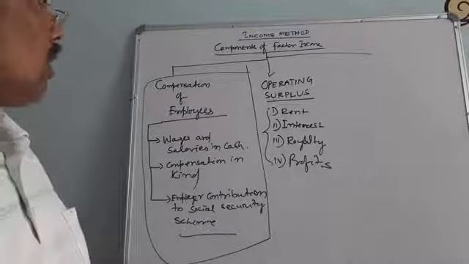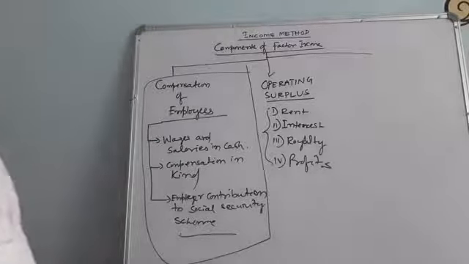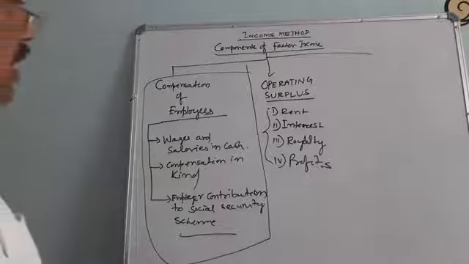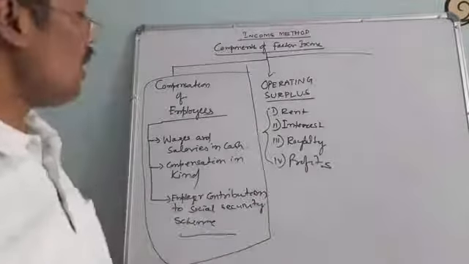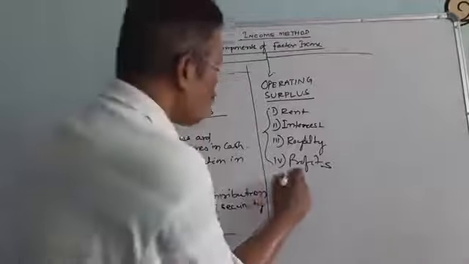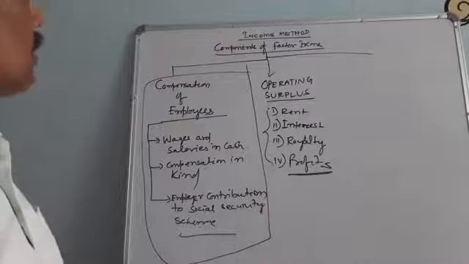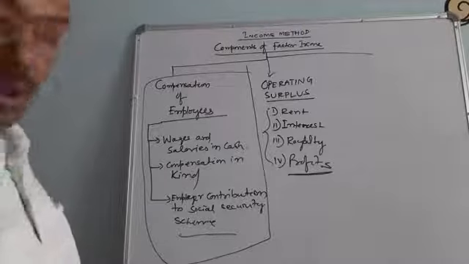And third one is called royalty. Royalty is defined as the amount receivable by the landlord for granting the leasing right of subsoil assets. That is called the royalties. And fourth one, most important, is called the profits. So what is profit?